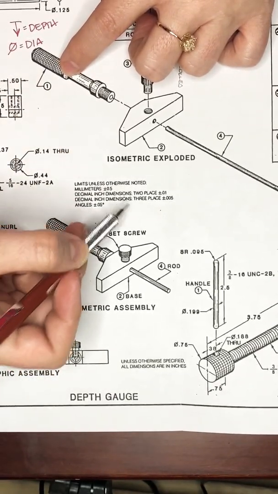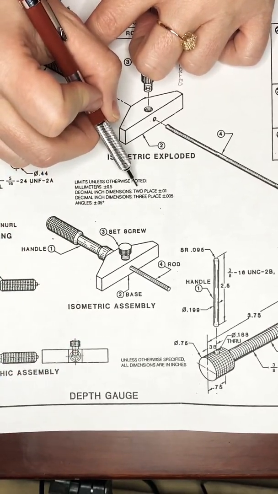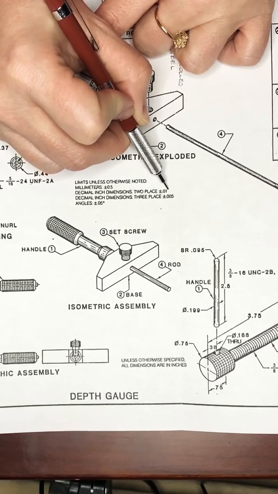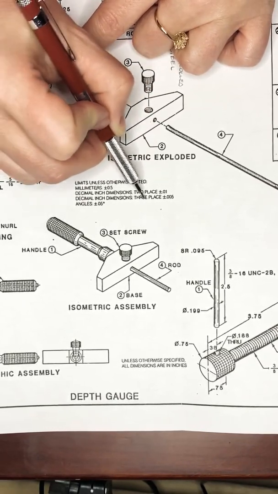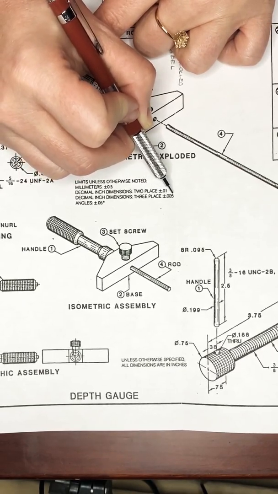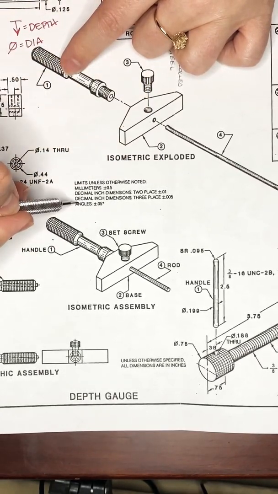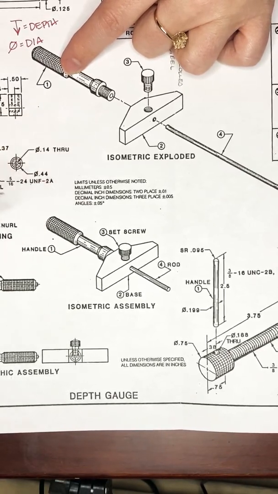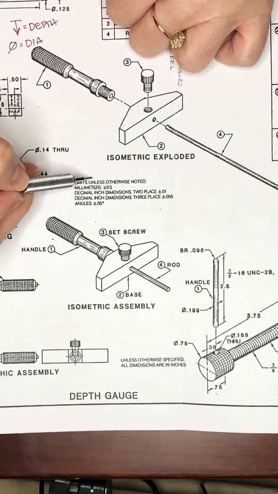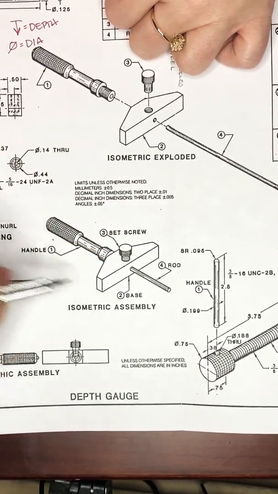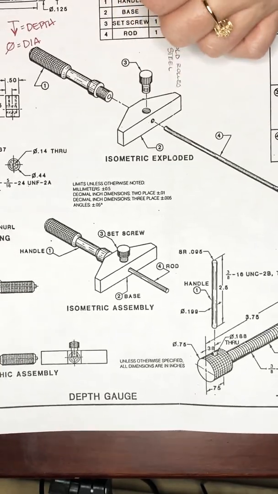If it is a decimal with only 2 decimal places, then your tolerance is plus or minus 0.01. Decimal inch 3 places, plus or minus 0.005. If it's an angle, plus or minus 0.05 degrees. Okay, so these are the tolerances listed on the blueprint of these parts.